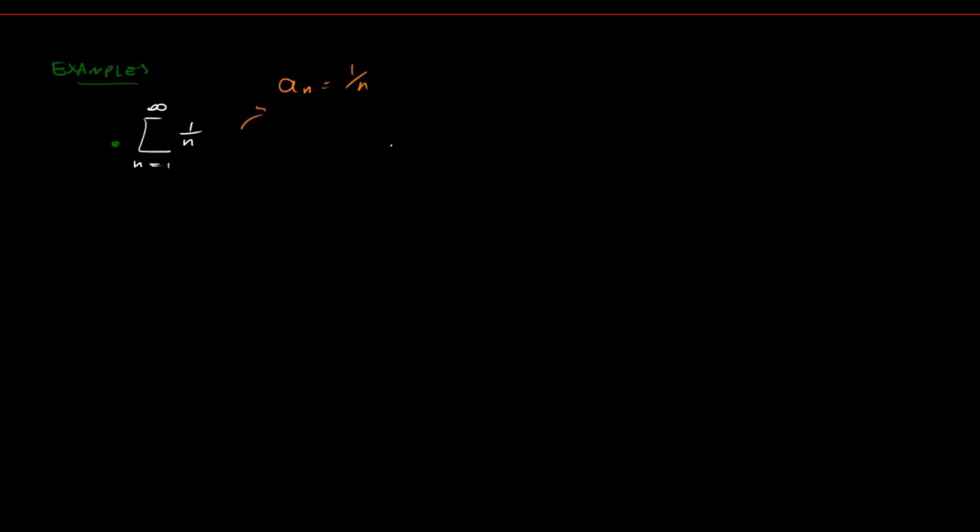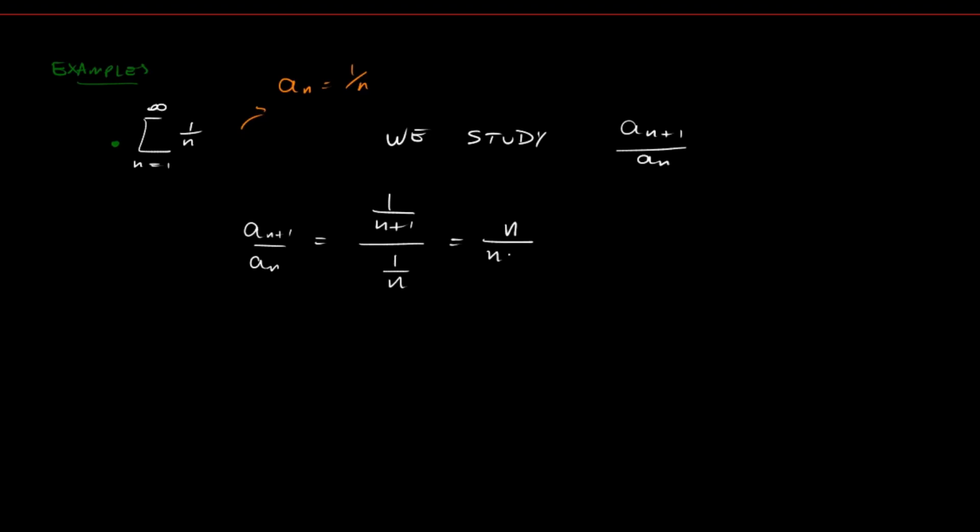So what we're going to do is study a sub n plus 1 divided by a sub n, so we can use the previous theorem. A sub n plus 1 divided by a sub n is 1 over n plus 1 divided by 1 over n. And this is n divided by n plus 1.